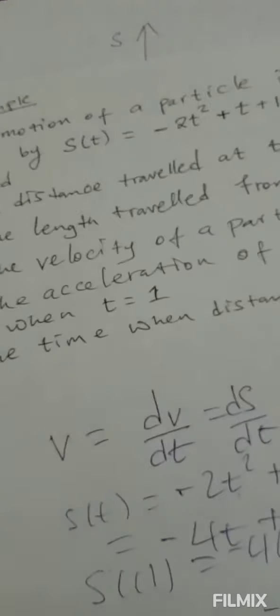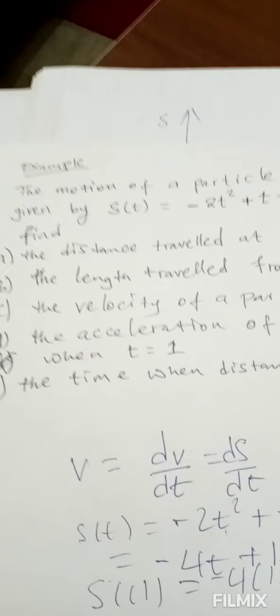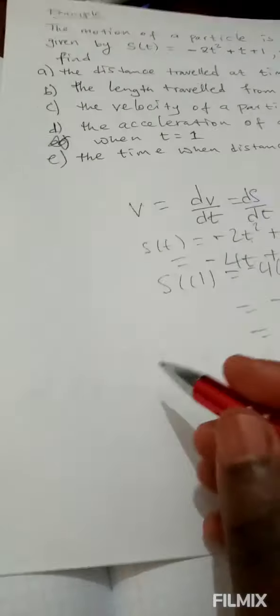Now let's find the acceleration of a particle when time is equal to 1. Velocity is the rate of change of distance with time.